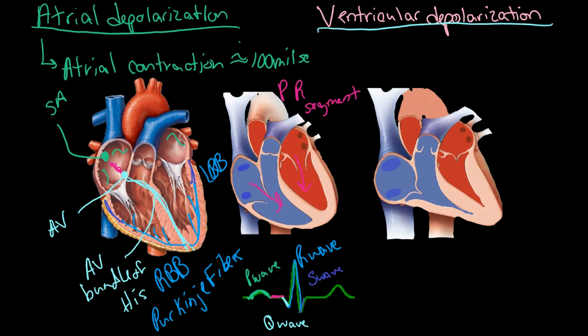So the ventricular depolarization is made up of the QRS structure, which is in turn made up of the QRS waves. And immediately following the QRS waves, the ventricular depolarization leads to ventricular contraction.